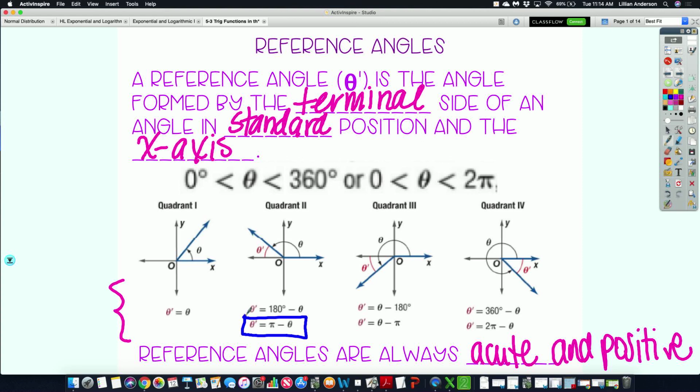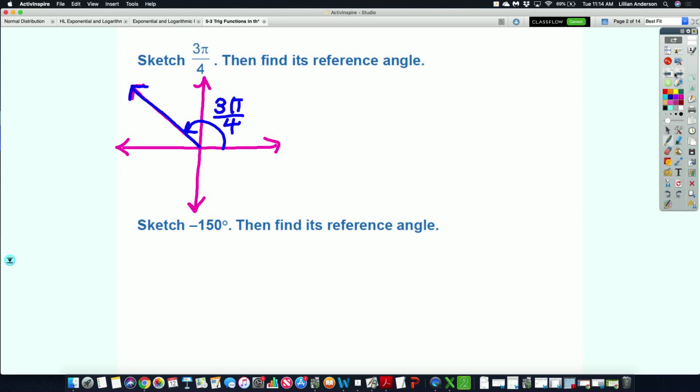If the original angle is in the second quadrant, then it's the distance between that terminal side and the x-axis. So how do you find it? The easiest way would be to take the negative side of the x-axis, pi, and subtract the angle from it. How do I subtract a fraction from a whole number? Common denominator. What is the common denominator here? 4.